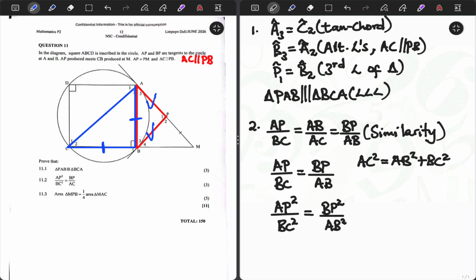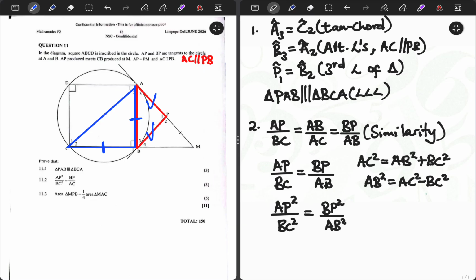So AB squared is the same as AC squared minus BC squared.